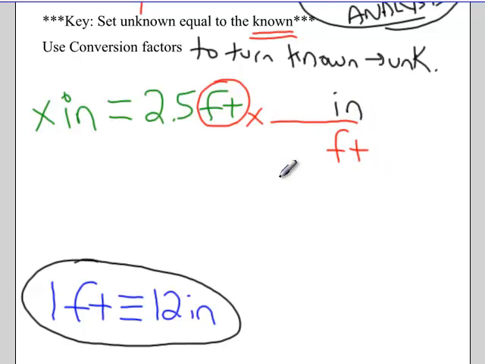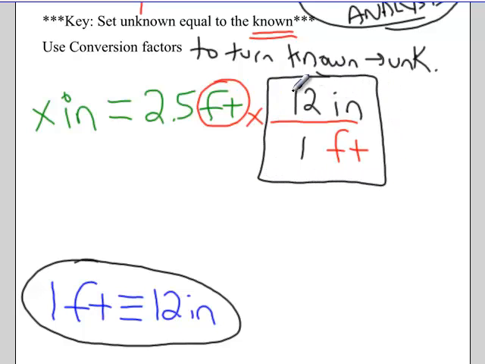So once I have the units, then I'm going to use these numbers from the conversion factor. 1 foot is equal to 12 inches. So I fill in those numbers, and notice this conversion factor, this fraction, doesn't look like it equals 1, but it actually does equal 1, because the top and the bottom are exactly the same. If the top and the bottom of a fraction are the same, the fraction equals 1.